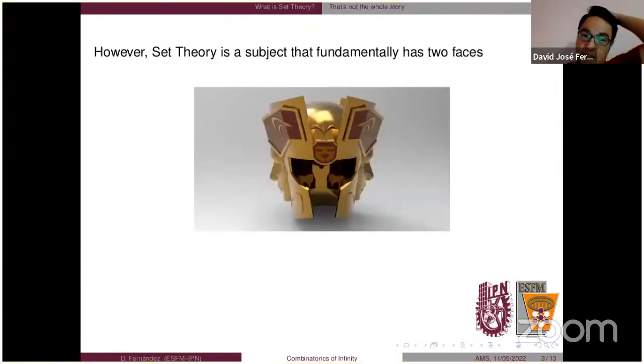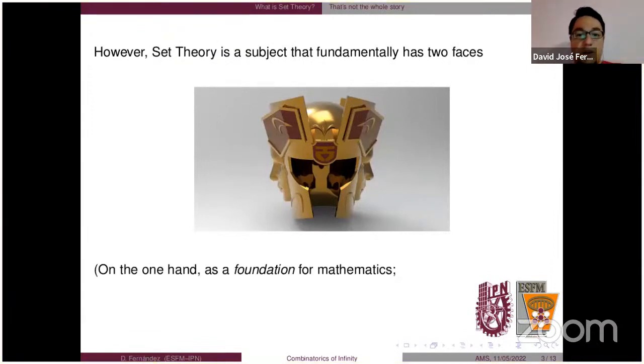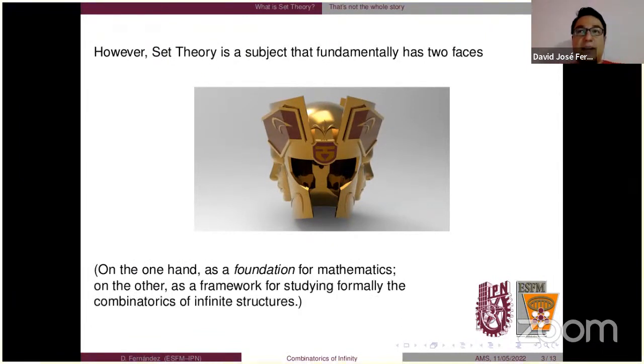So that's one very important facet of set theory, but I claim that it has fundamentally two phases. One of them, which I just described, is the foundational phase. But another thing is that set theory provides us with a framework for studying the combinatorics of infinite objects, in a very abstract sense. Obviously, every mathematician is sometimes concerned with infinite objects.